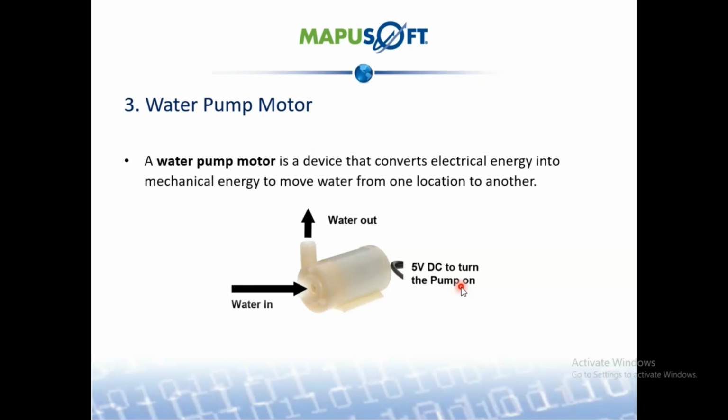The host sends a command to the Arduino to start or stop the watering based on the moisture data. The Arduino processes the command, turns the water pump on or off, and continuously monitors the soil moisture level.